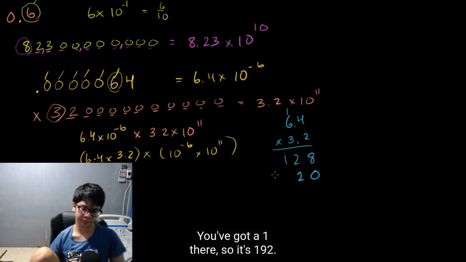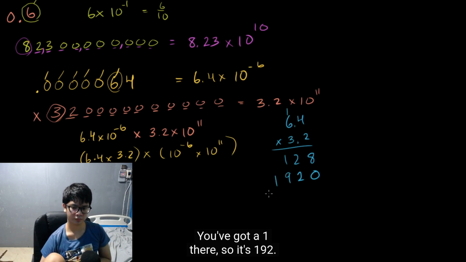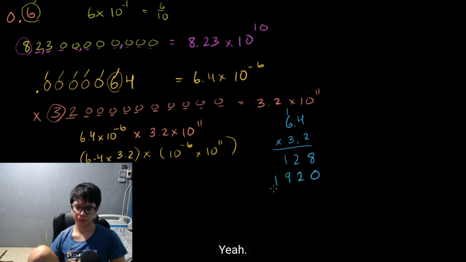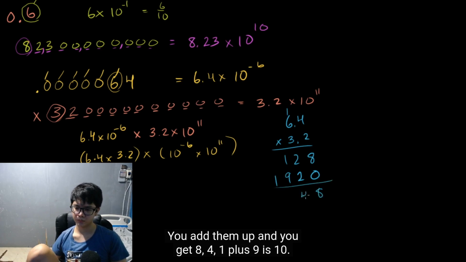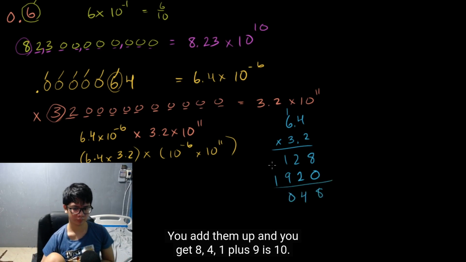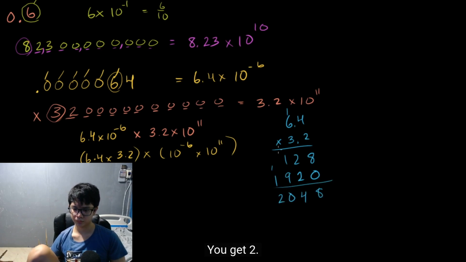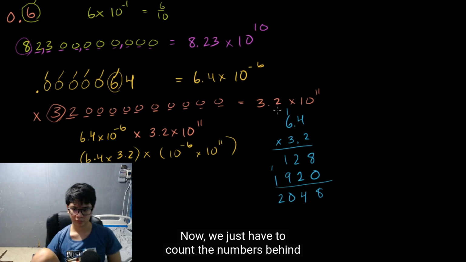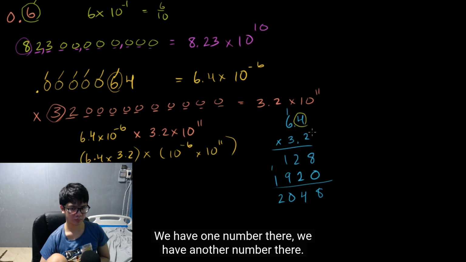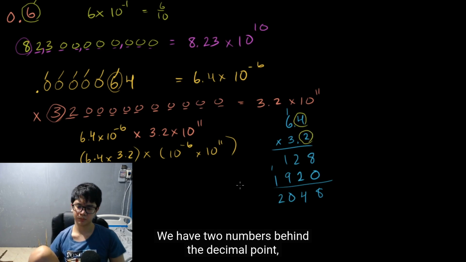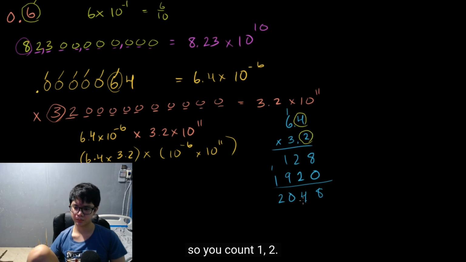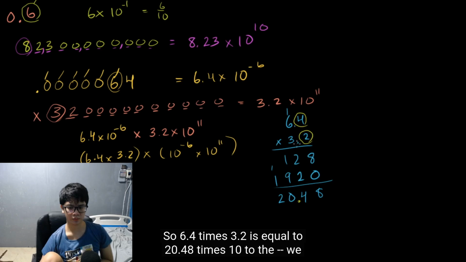We got a 1 there, so it's 192. Right? Yeah, 192. You add them up, you get 8. 4. 1 plus 9 is 10. Carry the 1, you get 2. Now, we just have to count the numbers behind the decimal point. We have one number there, we have another number there. We have 2 numbers behind the decimal point. So you count 1, 2. So 6.4 times 3.2 is equal to 20.48.